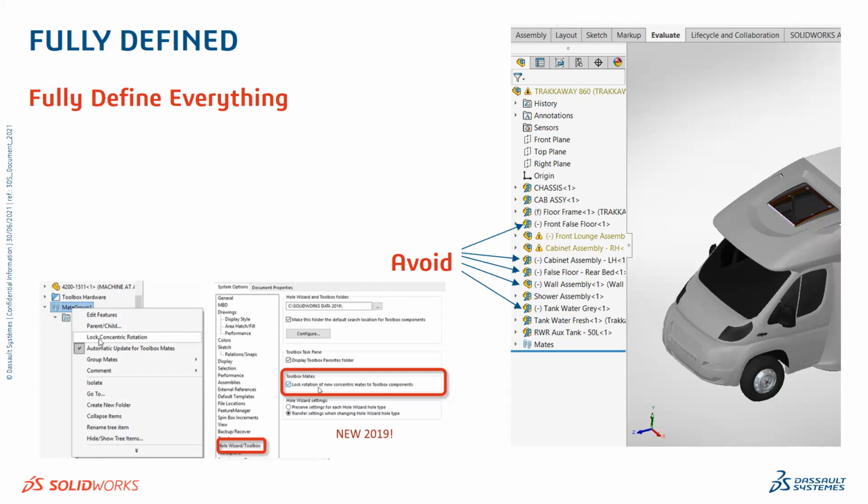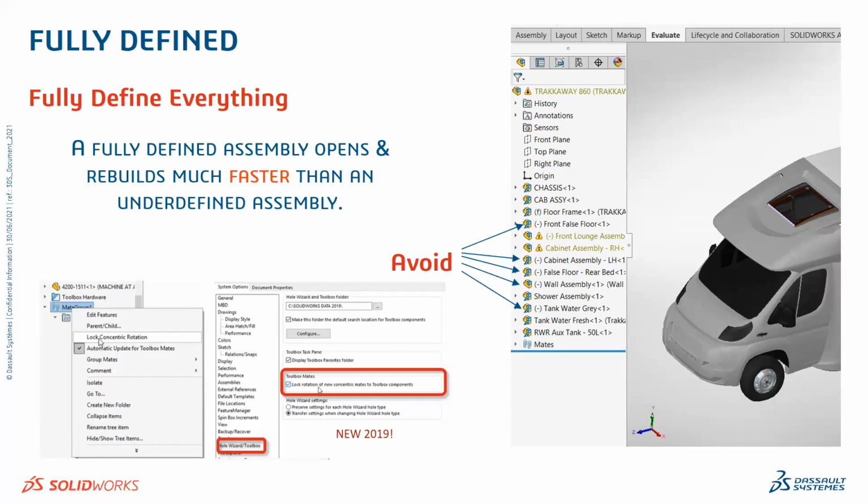When we are not fully defining, as I said earlier, whenever we are loading or switching the windows, it will always try to resolve it. So it is very good practice to fully define everything. You can see in this truckaway model, I can see maybe 5 components or 5 subassemblies are not completely defined.